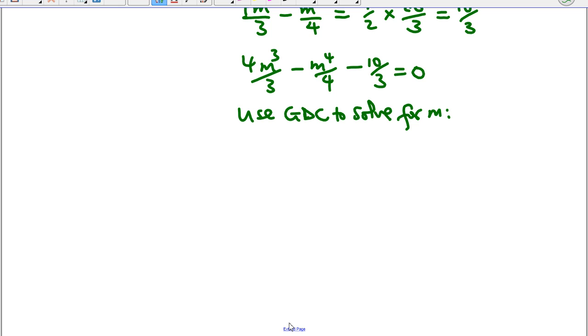We have m is equal to 1.52 or m is equal to 5.24.